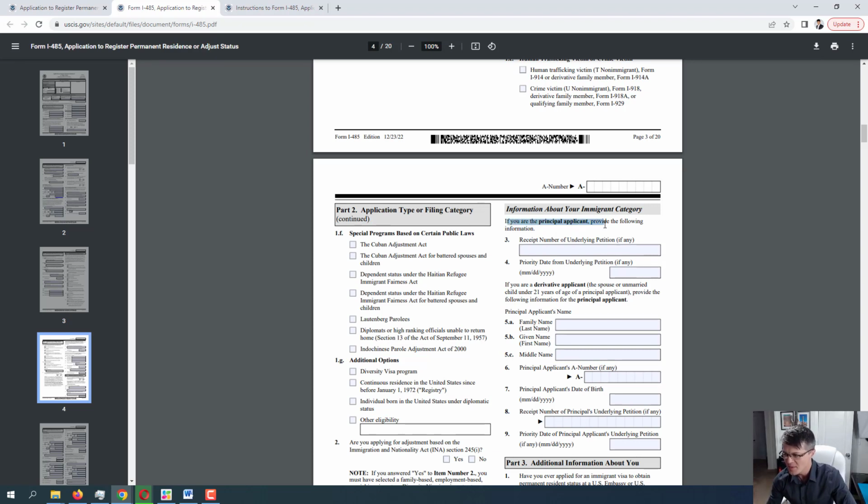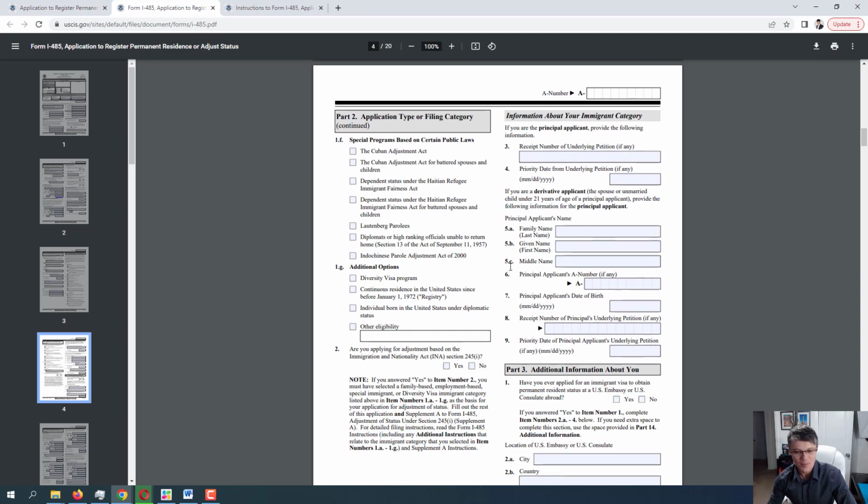If you are the principal applicant, which you are, provide the following information: receipt number of underlying petition, if any, priority date from underlying petition, if any. If you're a derivative applicant, the spouse or unmarried child under 21 years of age of the principal applicant, provide the following information for the principal applicant.